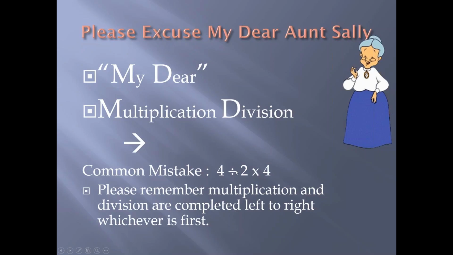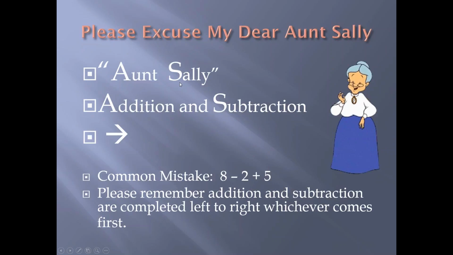Most of the children want to jump in and get the multiplication done first, and that is not the case. And the Aunt Sally also sticks together, and that's your addition and subtraction, and that is also left to right. Common mistake is to reach in and do the 2 plus 5.